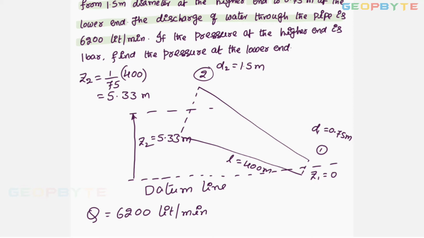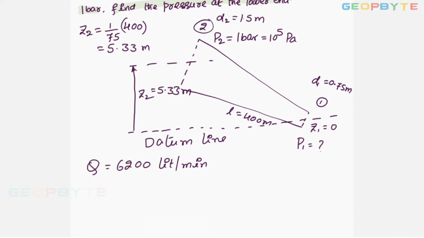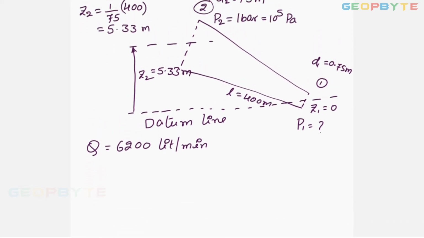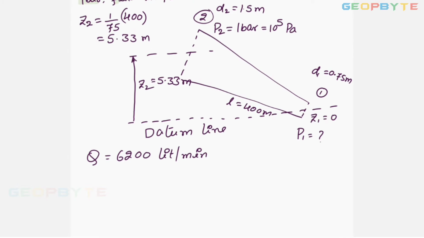If the pressure at the higher end, P2, equal to 1 bar, which is equal to 10 power 5 Pascal, find the pressure at the lower end. You are asked to find the pressure at the lower end, P1. How much is it? The pressure at the lower end can be found by taking the energy balance equation, that is Bernoulli equation.